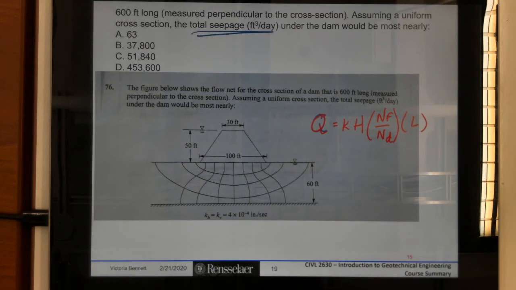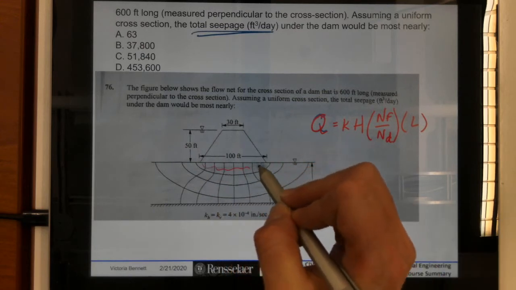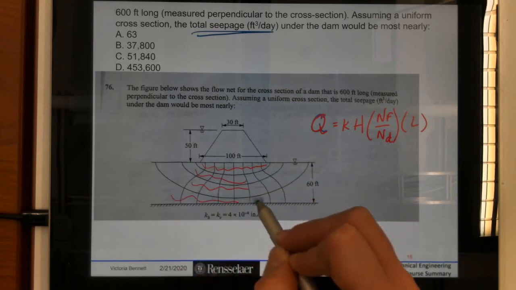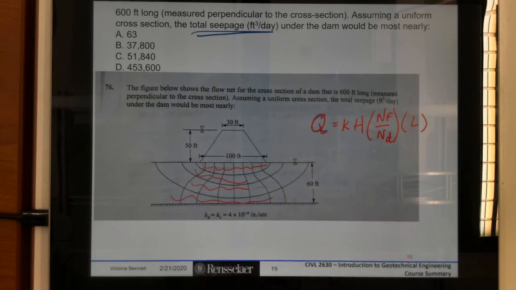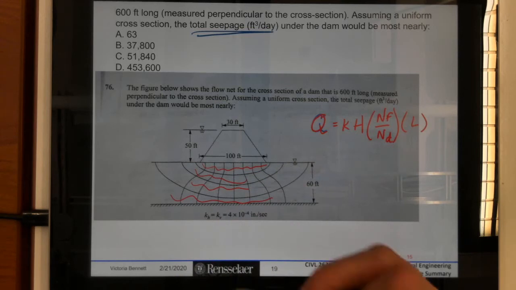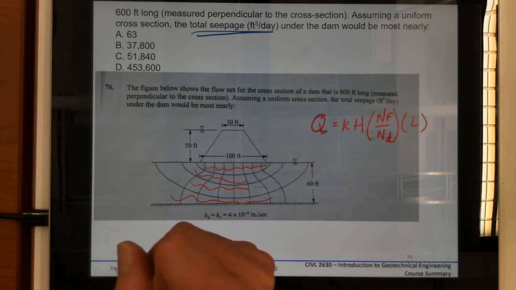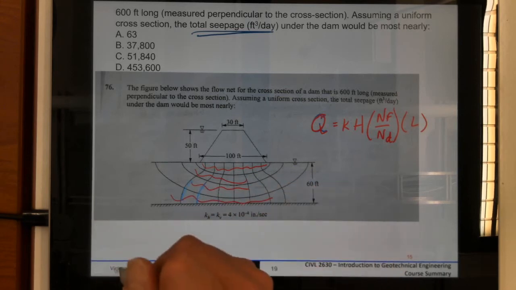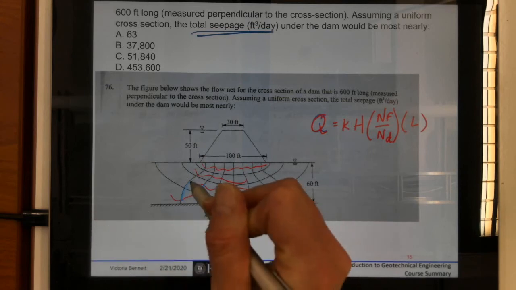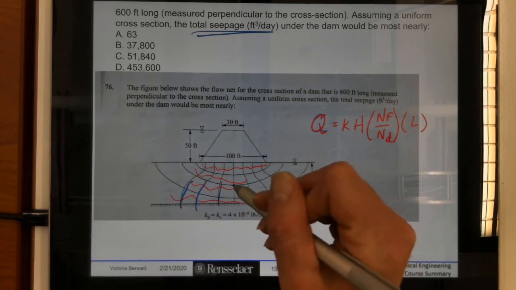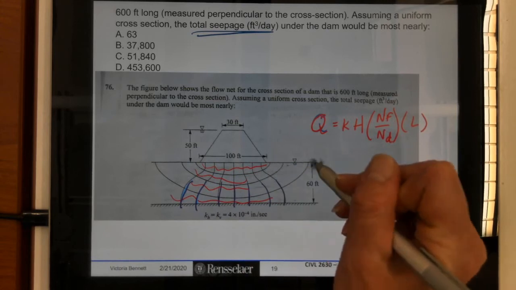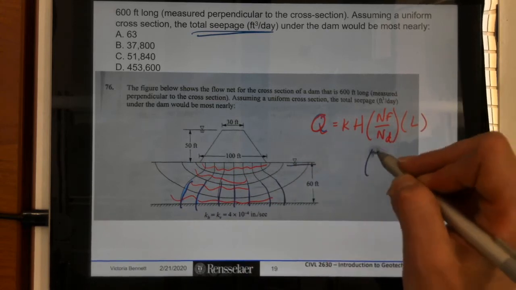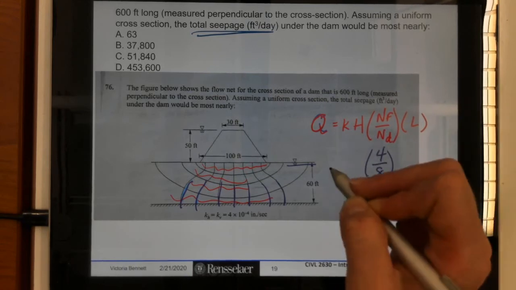So flow channels are sort of these spaces, 1, 2, 3, what I would have called 4 of those. And the number of drops, 1, 2, 1, 2, 3, 4, 5, 6, 7, 8. So at first glance, I might have done 4/8 for this.